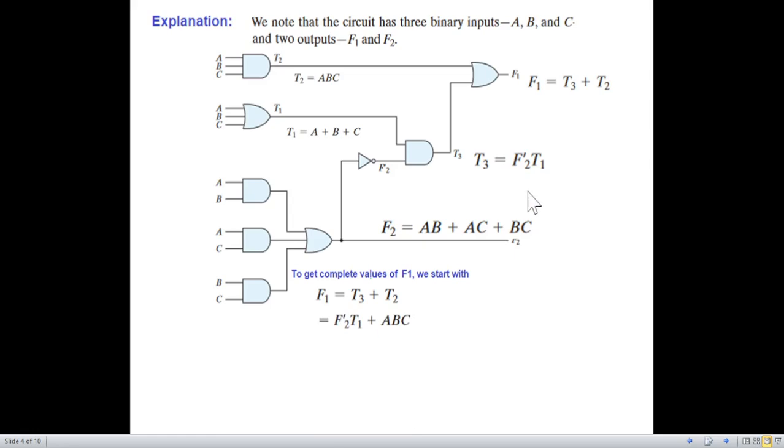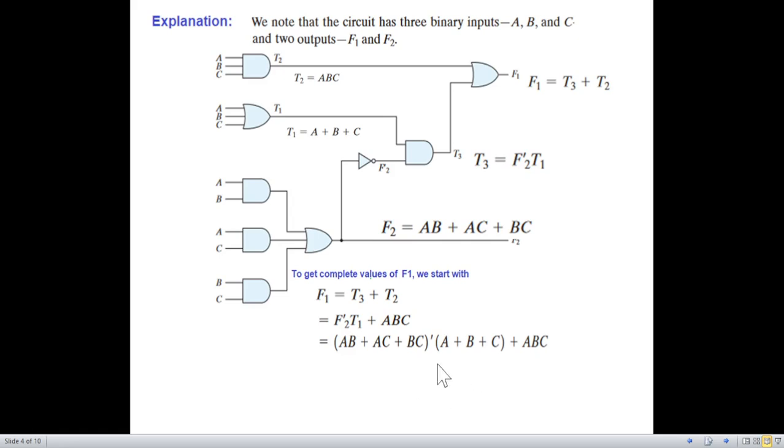So T3 is F2 dash T1 and T2 is ABC. We have to further split T1. So putting the value of F2 dash and T1: F2 is this term, so we write that and then put a dash. And T1 is A plus B plus C, so we write it in the bracket.